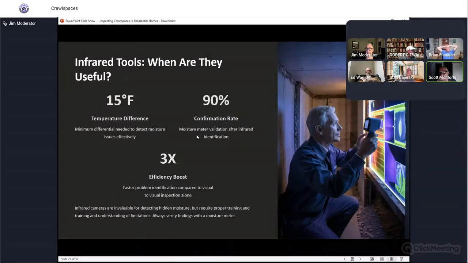So you put your camera up there, you see an anomaly, an area where you suspect water's leaking. You know what you've got to confirm it with? A moisture meter. So if you do see something, you're supposed to confirm it with a moisture meter. So it's nice to have, and it's something that some guys use a lot more.